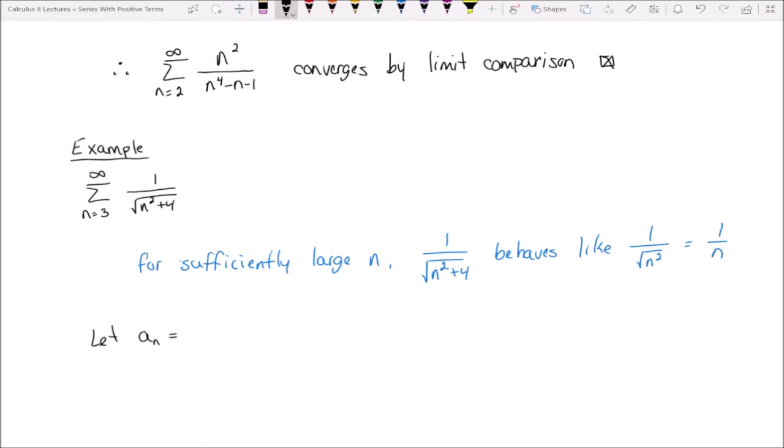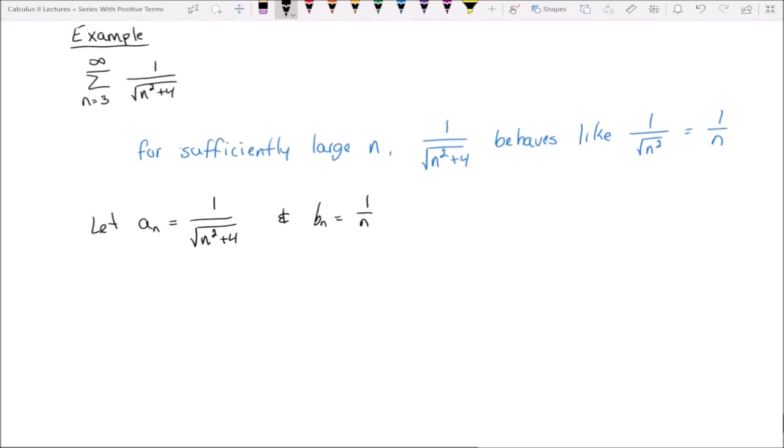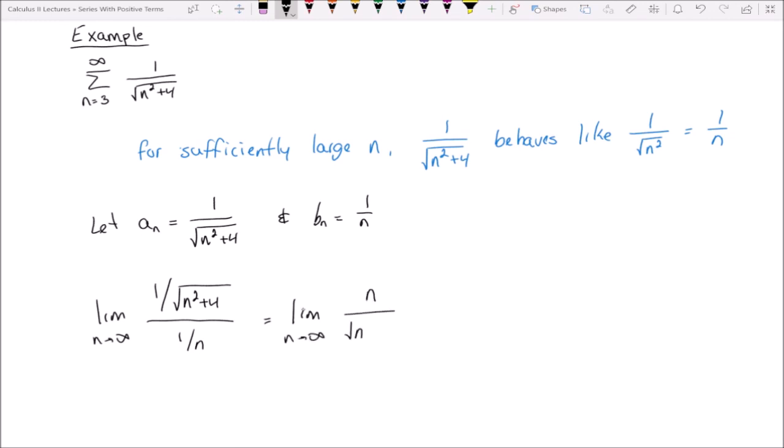So we take that to be our b sub n. So the limit as n approaches infinity of 1 over the square root of n squared plus 4 all over 1 over n is the limit as n approaches infinity of n over the square root of n squared plus 4, which equals 1.